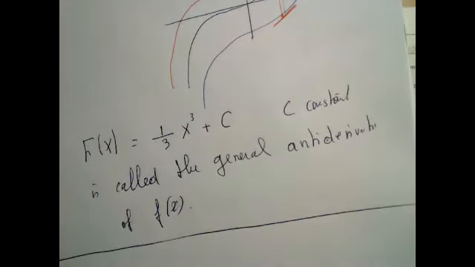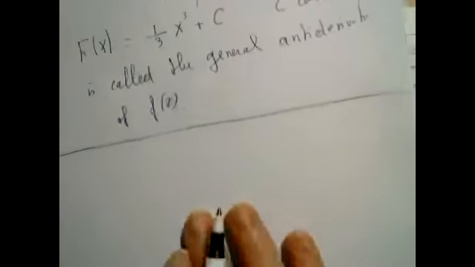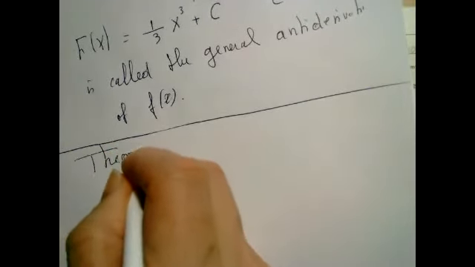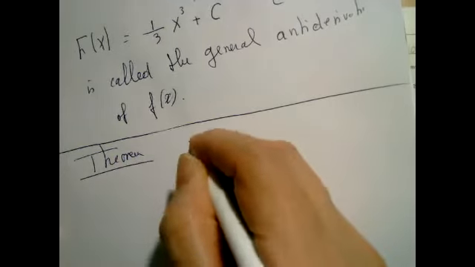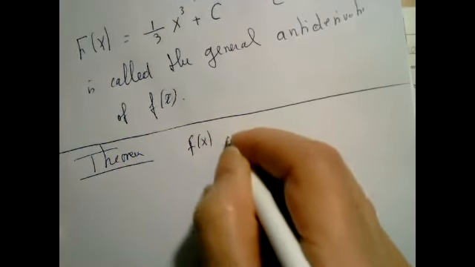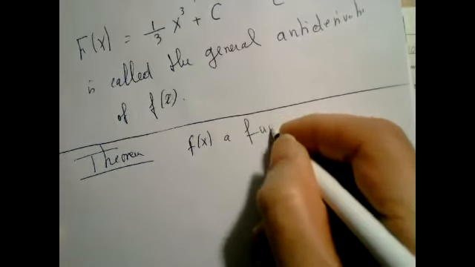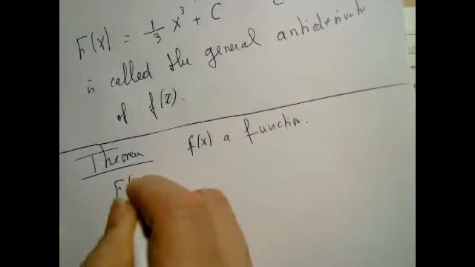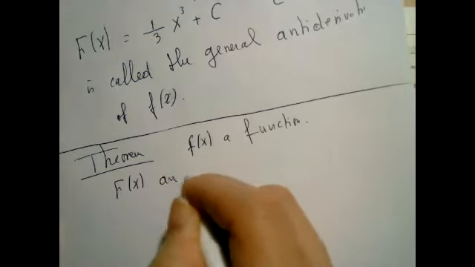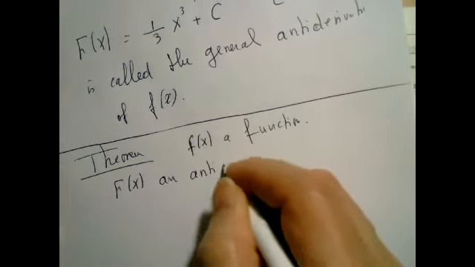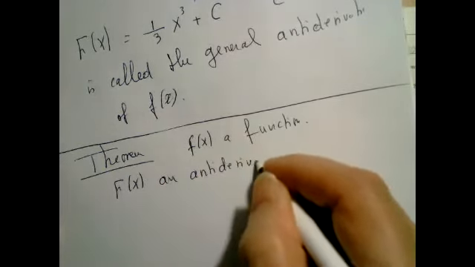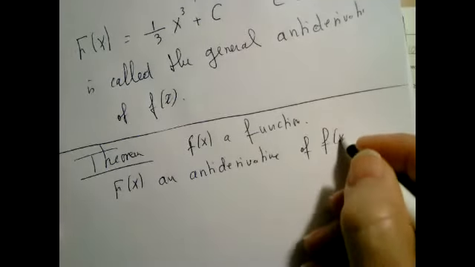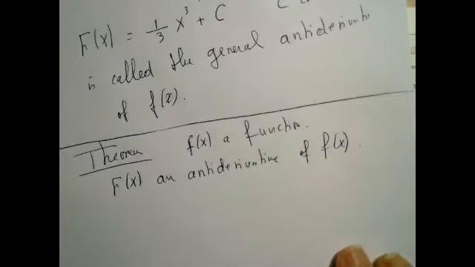Okay. So in general, we have the following rule. We have the following theorem. Suppose f is a function, and F of x is an antiderivative of f, one antiderivative.